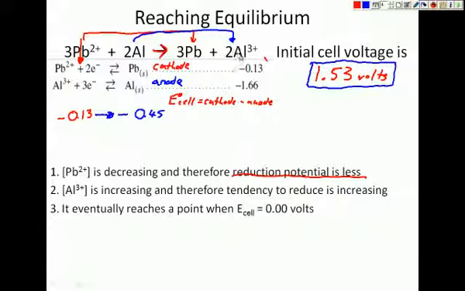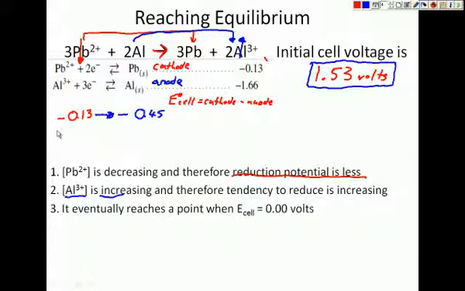And for this one, the concentration of aluminum starts to increase, and that makes sense. Aluminum solid is turning into aluminum ions. So the concentration of aluminum ions is increasing, and therefore the tendency to reduce is also increasing. This reduction potential right here is also going to increase.